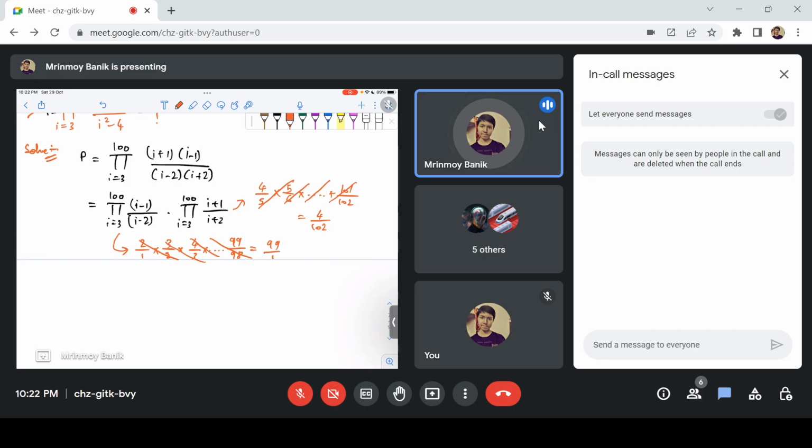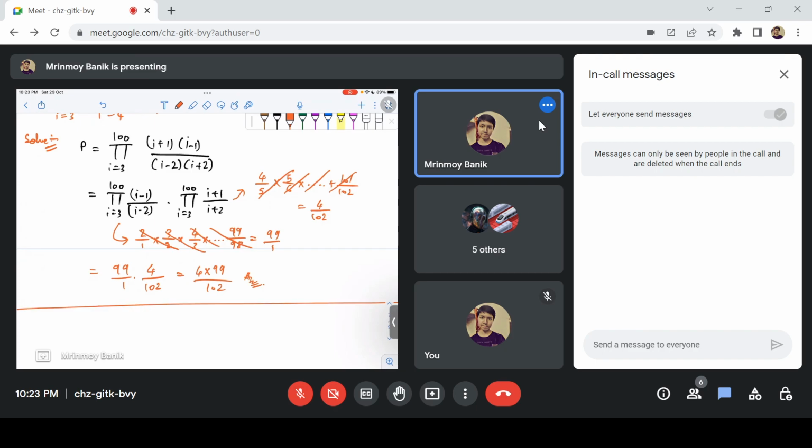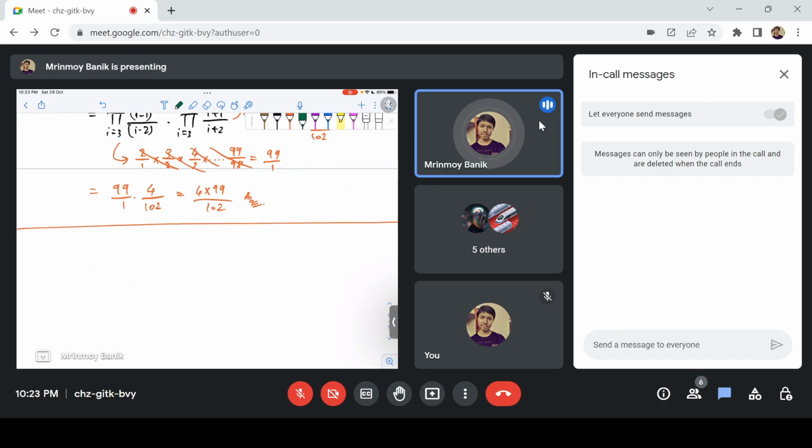This is 99 by 1. So this equals 99 by 1 times 4 by 102. This was pretty simple. A bit more complicated example will be more products.